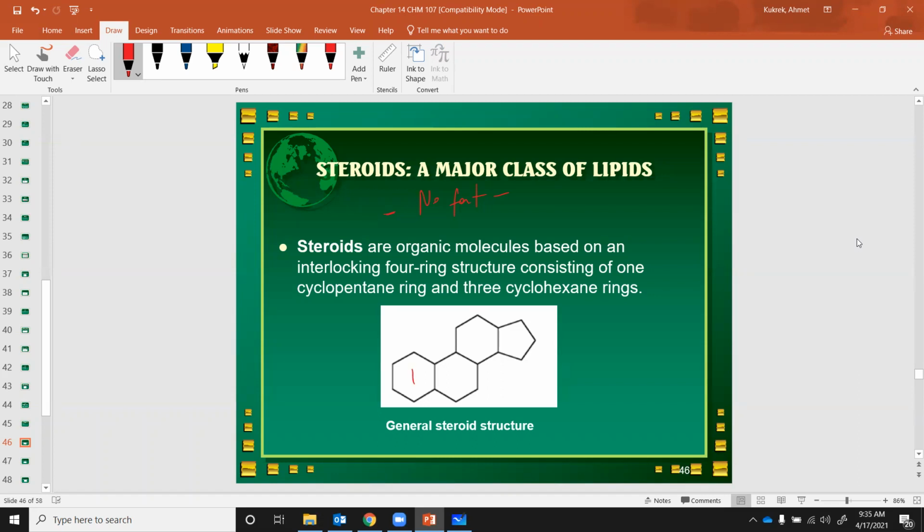As you can see, we have a 1, 2, 3, 4 structure. This is like cyclohexane here, another cyclohexane here, another cyclohexane here, and cyclopentane here. Once you interlock them, then we are going to call it a steroid. This is how the general structure of the steroid looks.